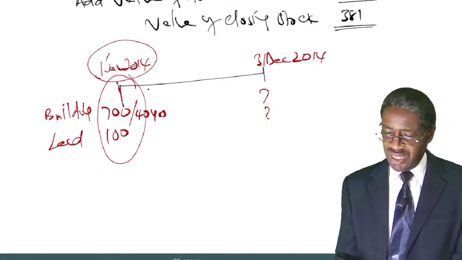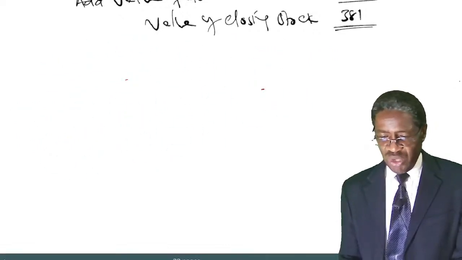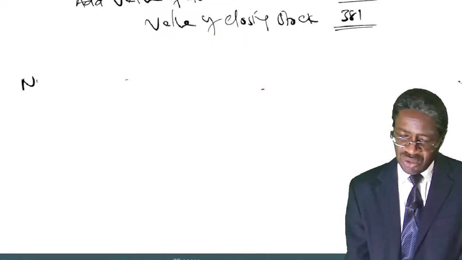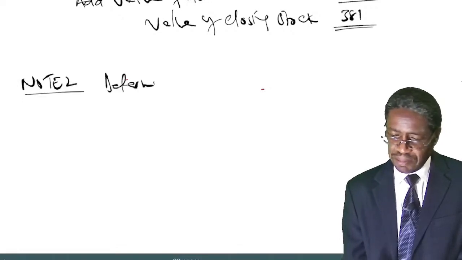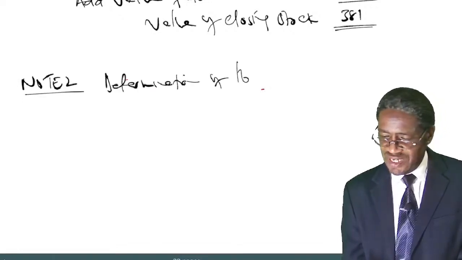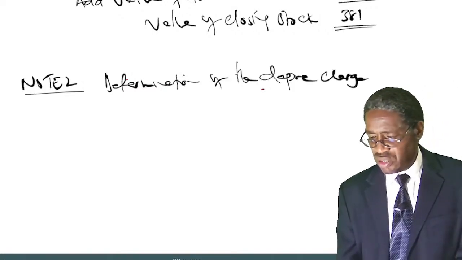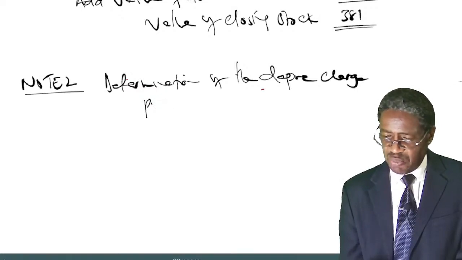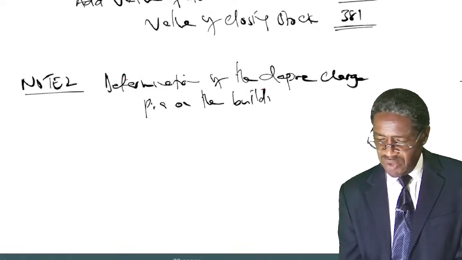So write down somewhere, determination. We are doing note number 2. If you want to put down that note, so note 2, to remind you, determination of the depreciation charge per annum, because it's on straight line method. Determination of the depreciation charge per annum on the building.